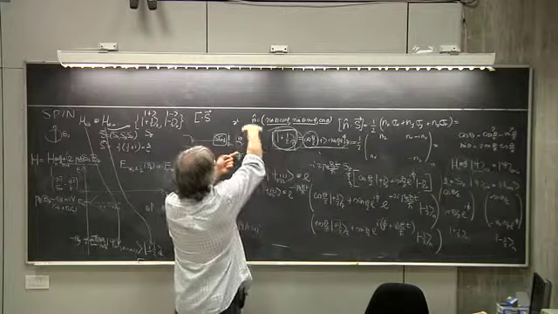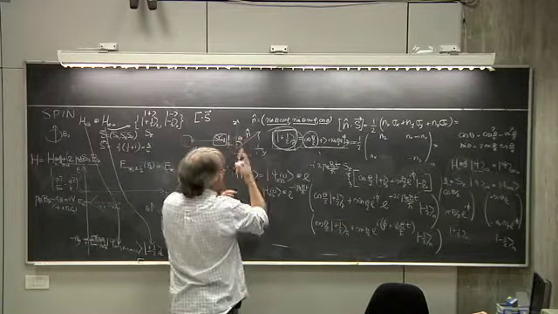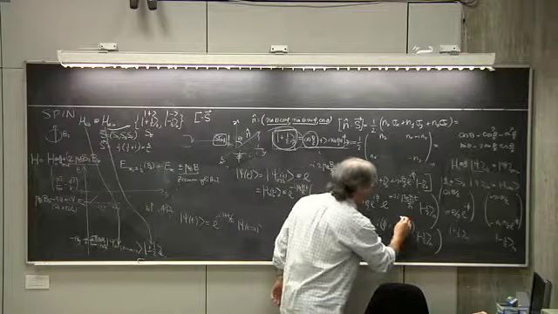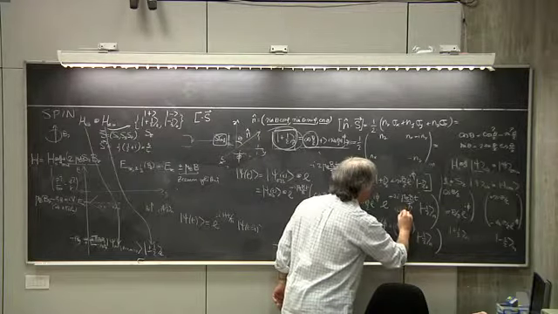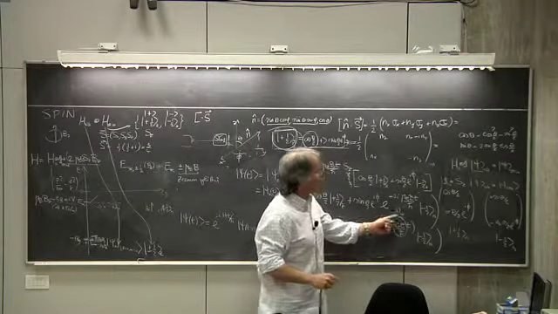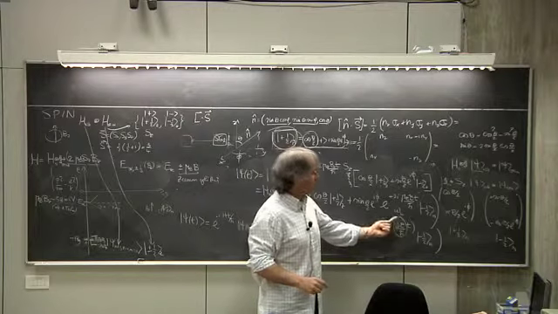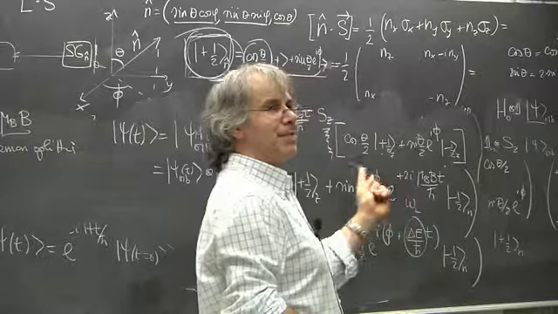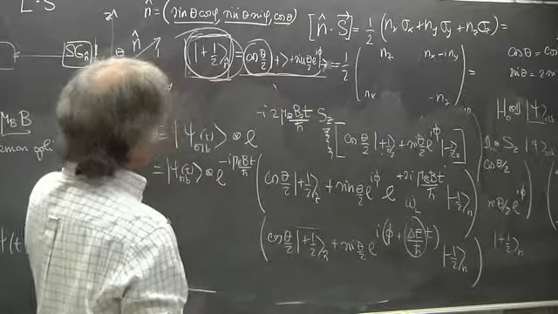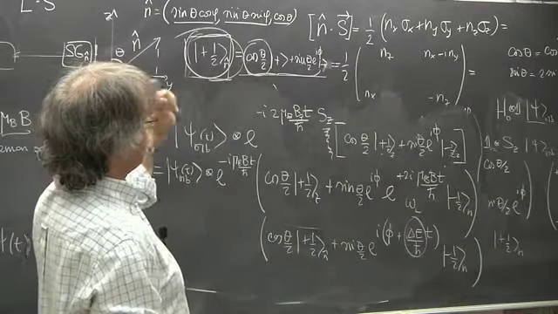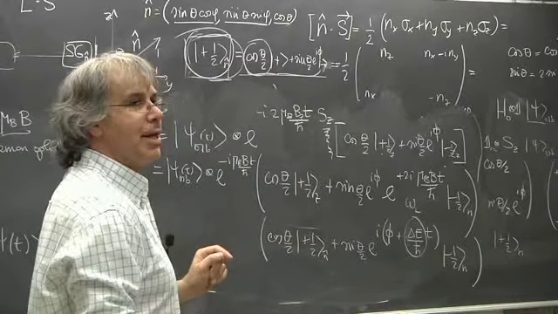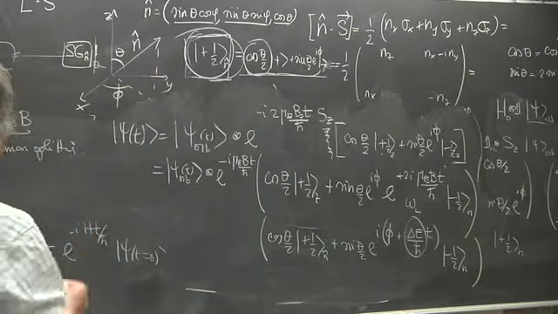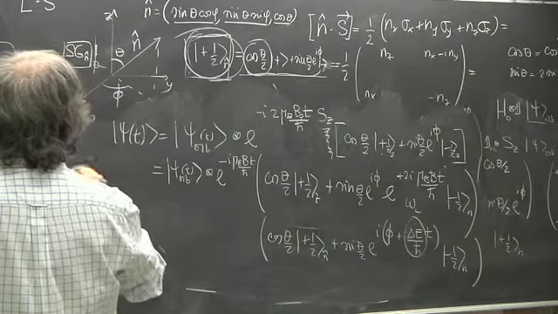But the angle phi is really increasing with time with a certain frequency, omega. It is called the Larmor frequency, and it is precessing like that. You see? The phase phi is increasing steadily with time with that frequency. Now, this is just the spin precession that we have described.